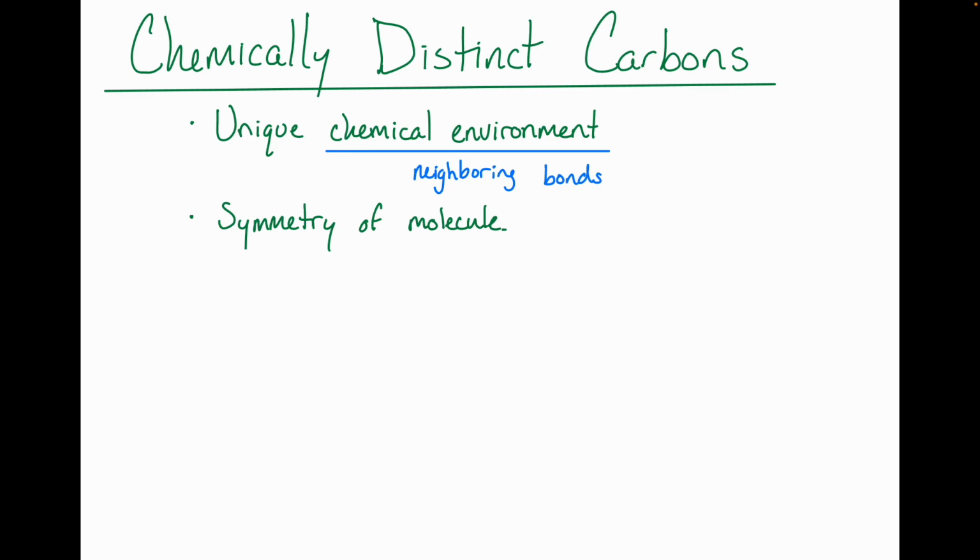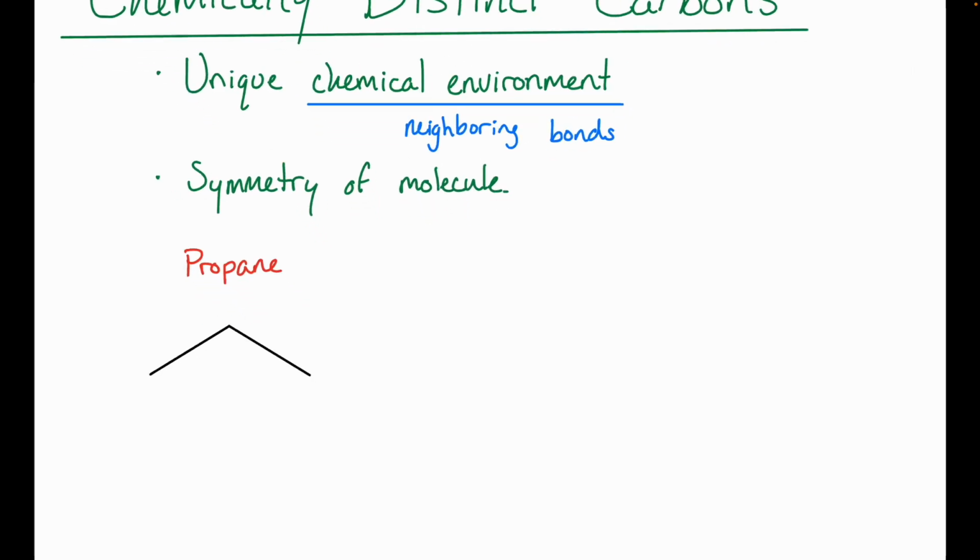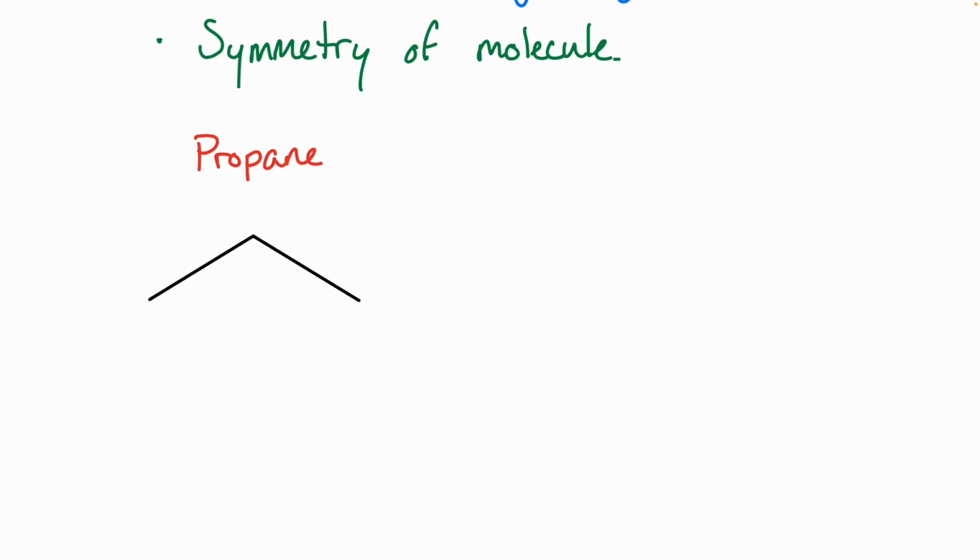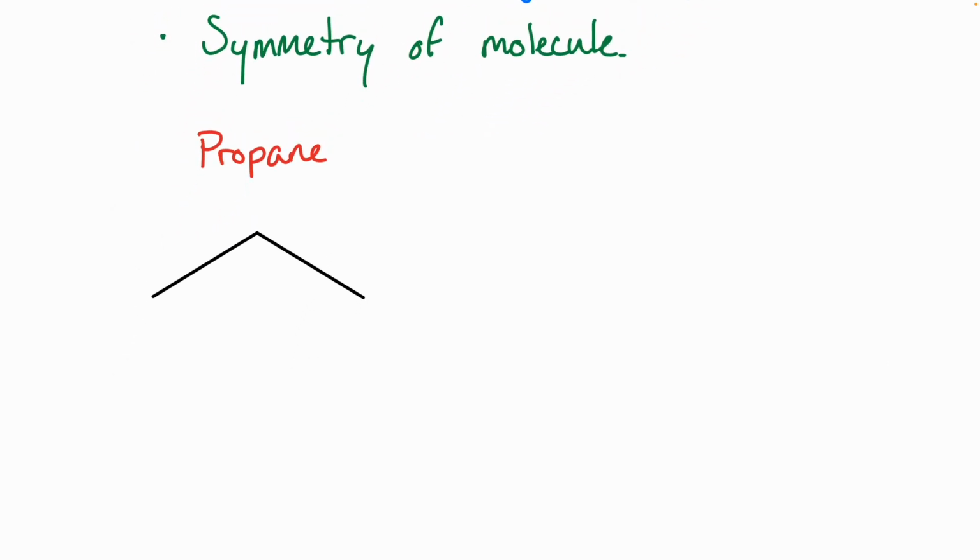Let's take a simple example here. This is, of course, propane. Propane has these three carbons in it, but it only has two chemically distinct environments. It's got these two methyl groups that are both in the same group, because they both share just this one carbon in the middle.